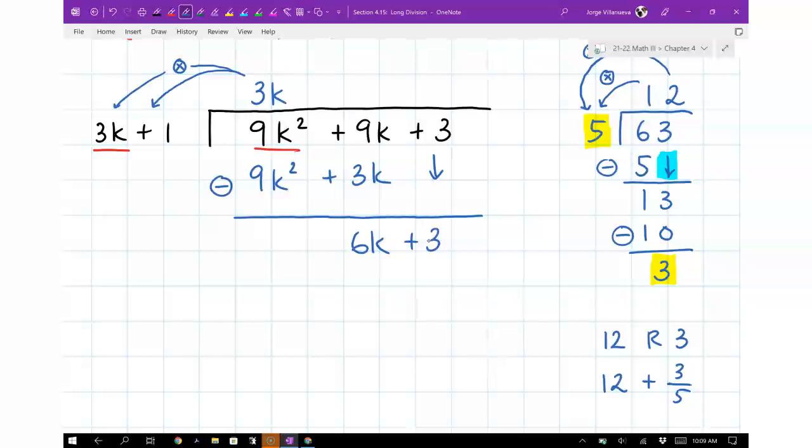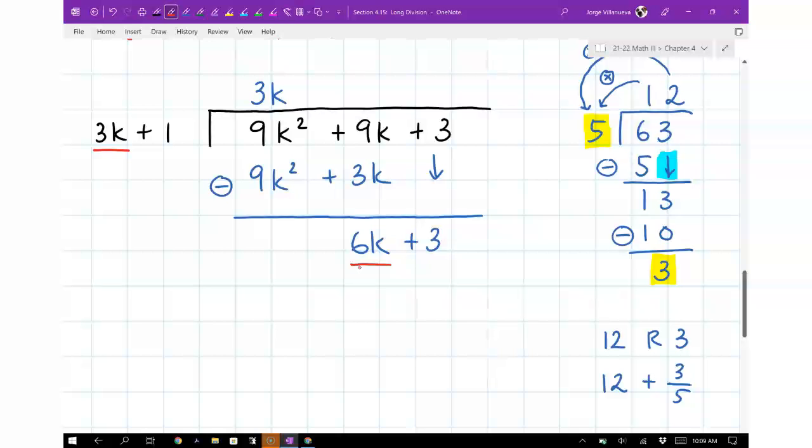Okay, so now I have 6k plus 3. So, focus on the first terms that we see. So here we go. Let me erase that red line. I'm going to go over here. 3k has to become 6k. What do I multiply it by?